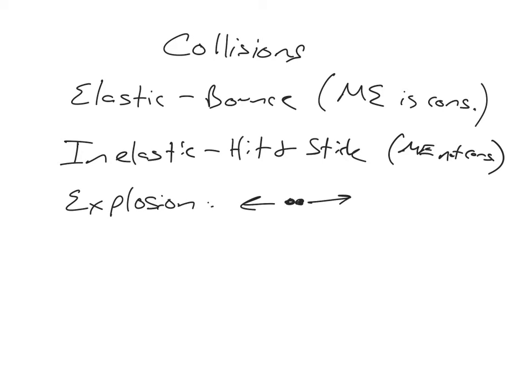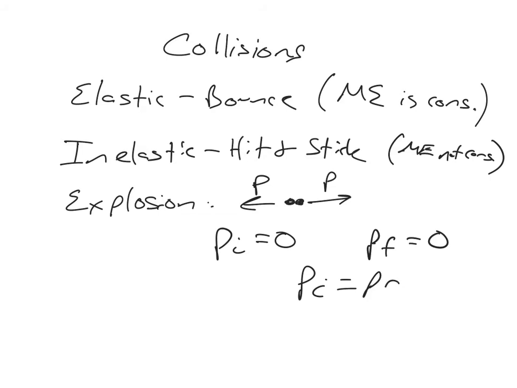If pi is 0, then pf has to equal 0 as well. Again, it could already be moving to the right, and then explode and move faster to the right and to the left, but the initial momentum still has to equal the final momentum. That's the big concept.